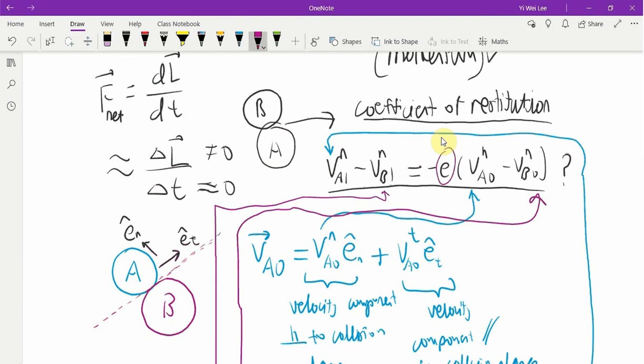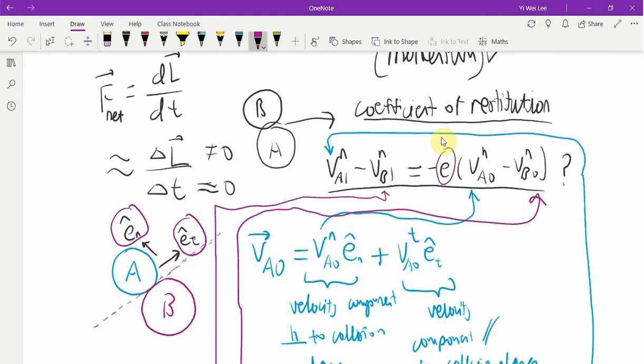So in other words, in this tutorial we actually learned a new equation, the equation of the coefficient of restitution, and each term in this equation was obtained by resolving the velocity into a component which is normal to the collision plane, and a component which is along the collision plane. And please take note, this is a very important tip. This et direction and this en direction must be consistent throughout your question.